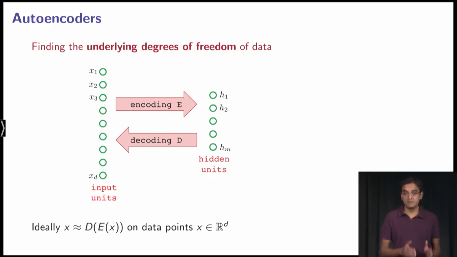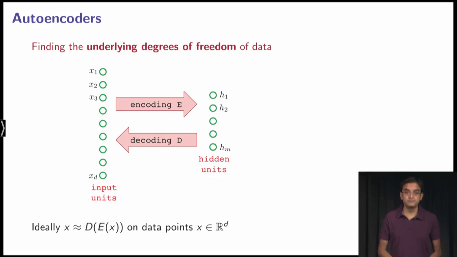The mapping from the original data point to this latent representation, h1 through hm, can be thought of as an encoding given by some function e. And going in the opposite direction, we often have some vector in the latent space and want to send this back into the original space. That can be thought of as a decoding operation given by some function d.